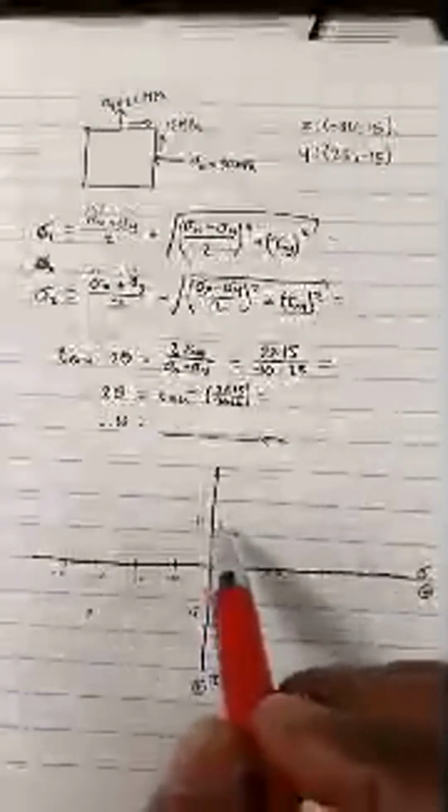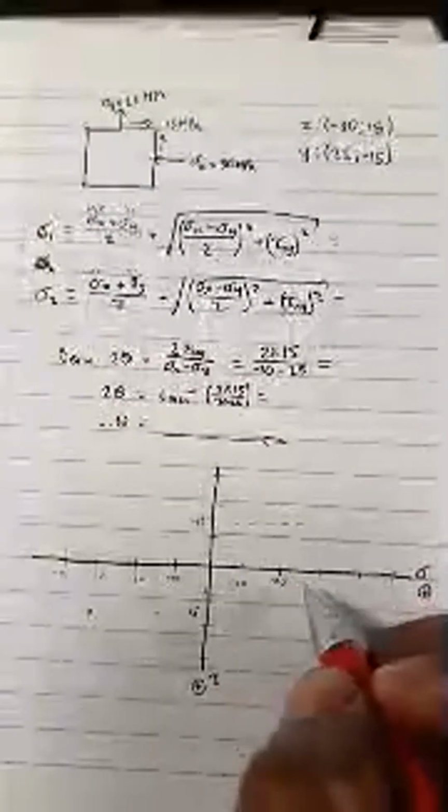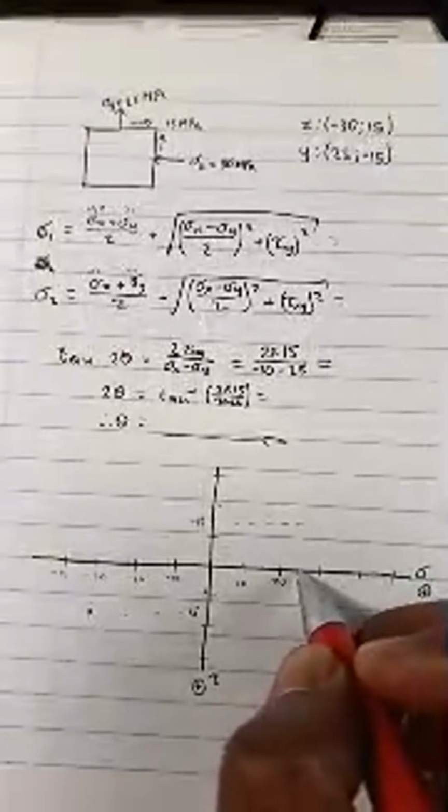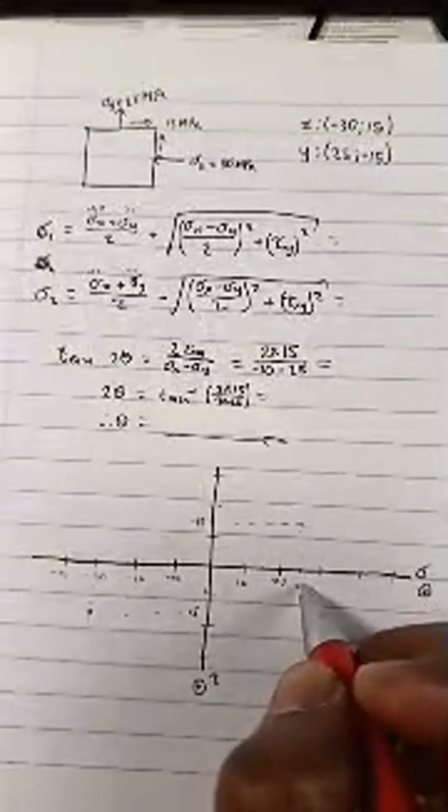Then on the other side, we have 25. Y is 25. So this is 10, this is 20, 25. Then 25 goes with 15. They are meeting there.